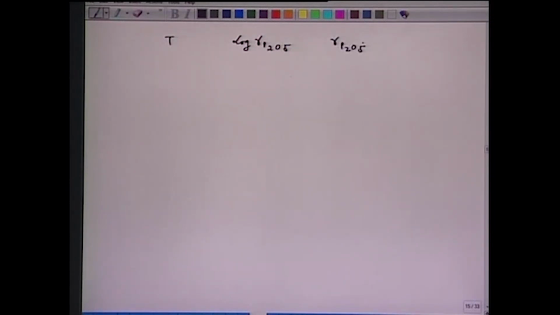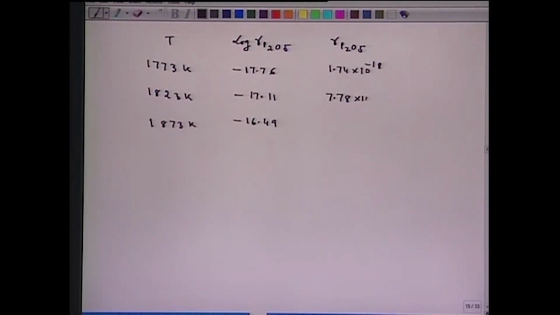I take 3 temperatures: 1773 Kelvin, 1823 Kelvin and 1873 Kelvin. I calculate log gamma P2O5 as minus 17.76, minus 17.11, minus 16.49. Gamma P2O5 is 1.74 into 10 to the power minus 18, 7.8 into 10 to the power minus 18 and 3.21 into 10 to the power minus 17.